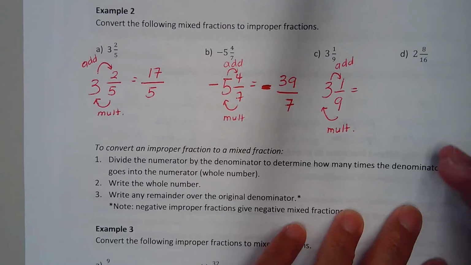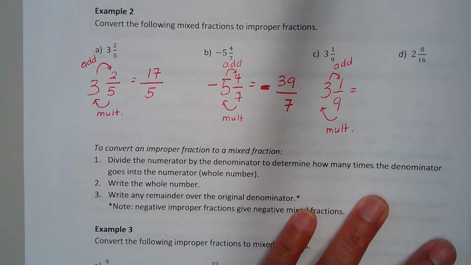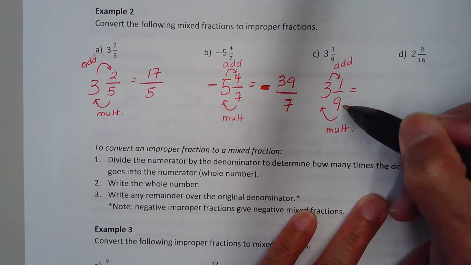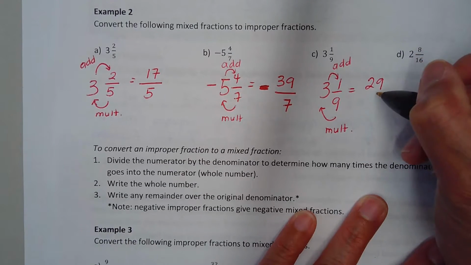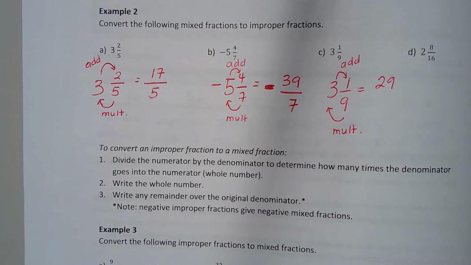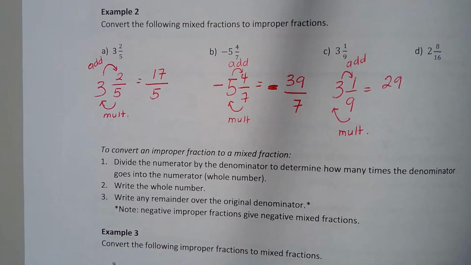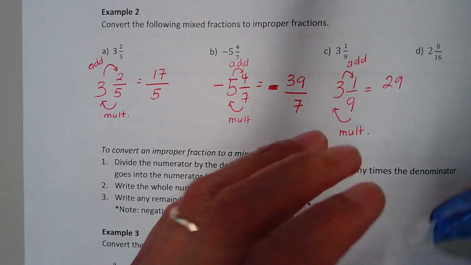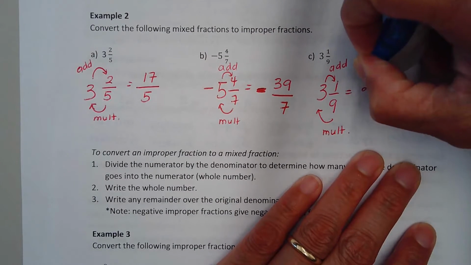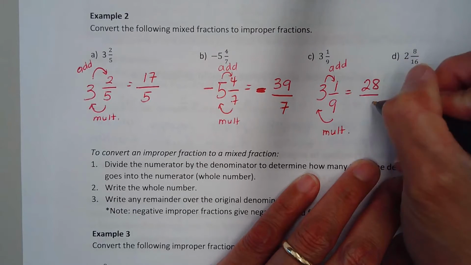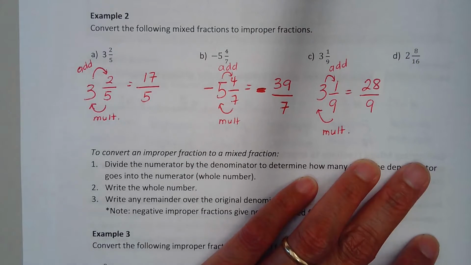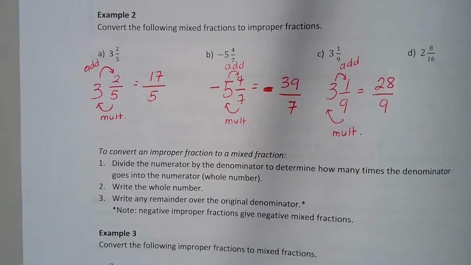What did you get for letter C? 29 over 9. 28 over 9. Thank you. 28 over 9. Yeah, fix that one. Okay, I'm gonna ask another person.